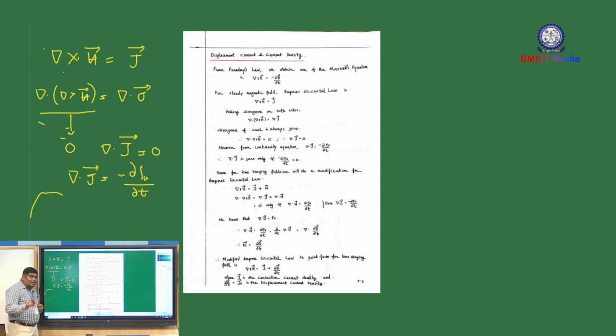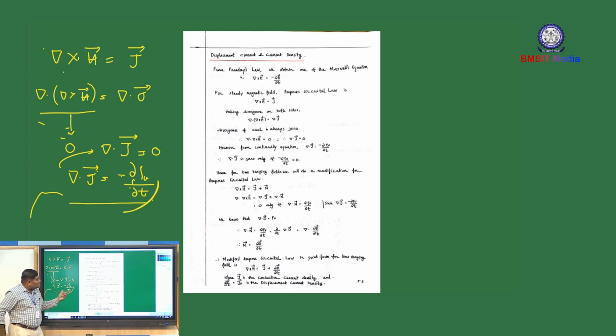So now del dot J with respect to the previous case, divergence of a curl is equal to 0 because the divergence of current density is also equal to 0. But by using this equation, if this RHS, minus dou rho V by dou T, is 0, then only del dot J is also 0.